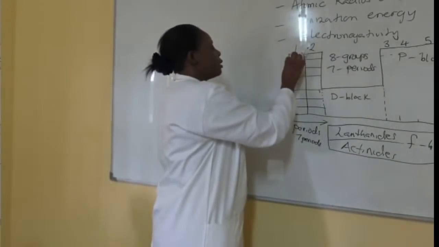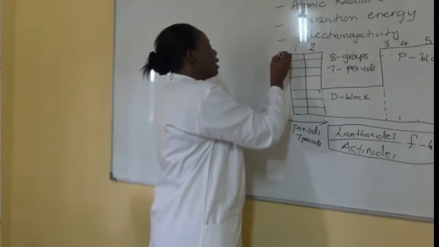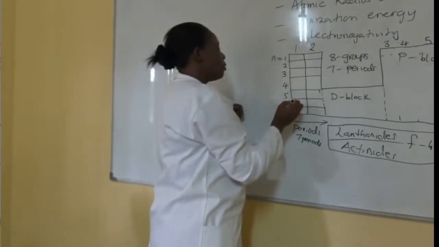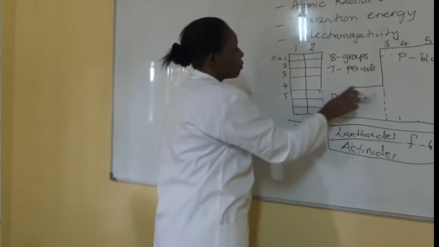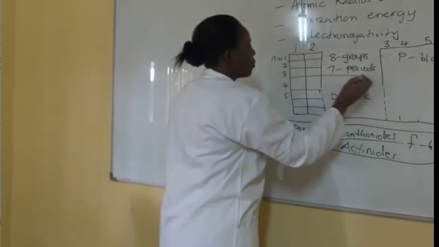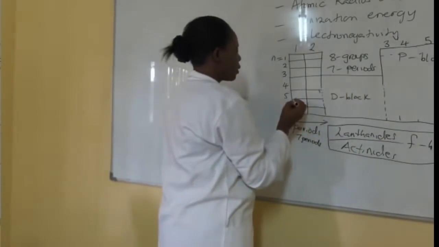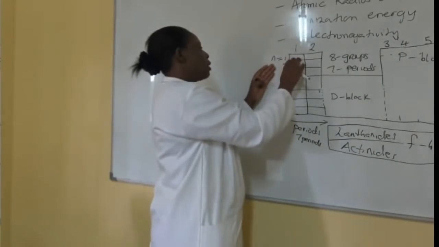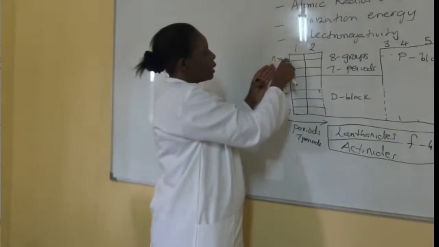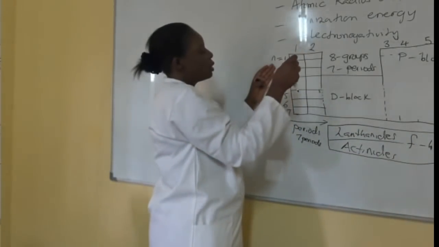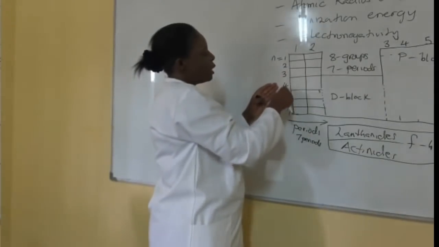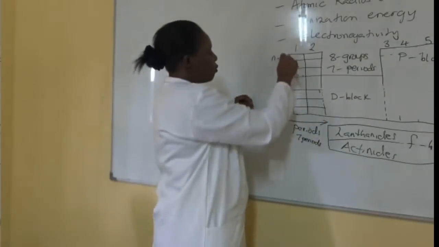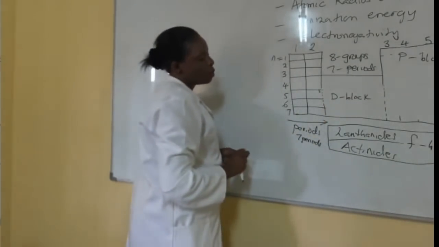So you see that these elements here have energy level 1, this is 2, 3, 4, 5, 6, 7. Meaning as you move from top to bottom, you are introducing electrons in new energy levels. So the energy level is increasing as you move from top to bottom.